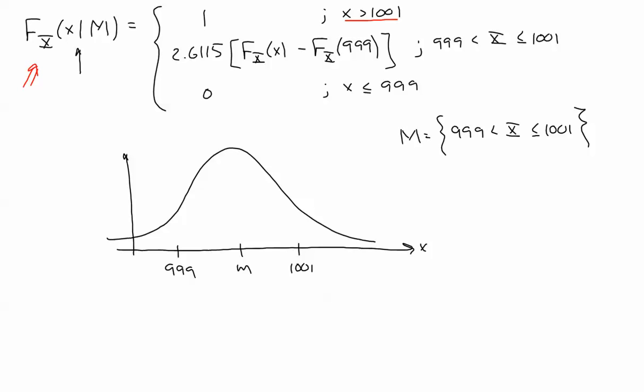Likewise, if I know it lies between 999 and 1001, the probability that it's less than 999 has to be exactly 0. All right, what about the intermediate range? The intermediate range, let's call this point here x naught.